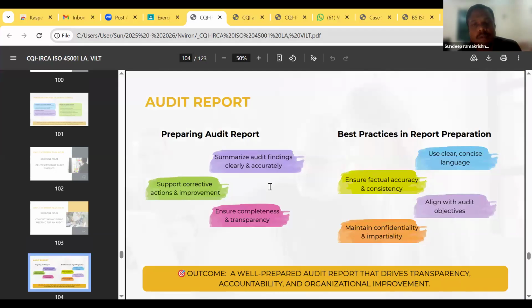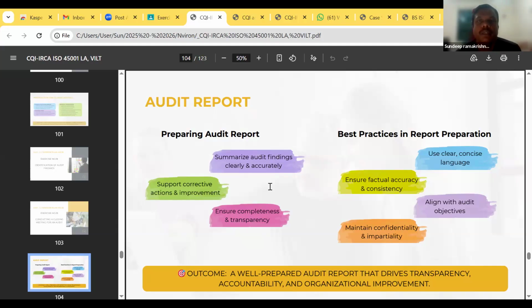After the closing meeting, the auditors will make the audit report. You have to summarize your audit findings clearly and accurately, and ensure completeness and transparency. When all these details are available in an audit report, it will support corrective actions as well as improvement.